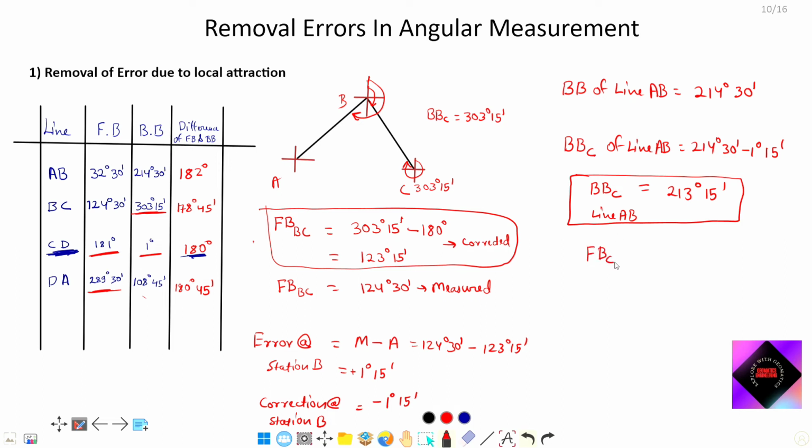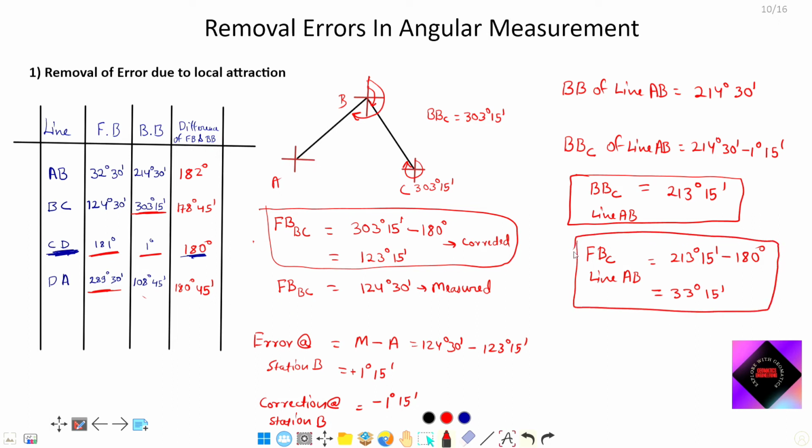So now I will use this corrected back bearing to calculate the corrected fore bearing of line AB, which will be 213 degree 15 minutes minus 180 degree, that is 33 degree 15 minutes. This is also correct. How is this calculated?